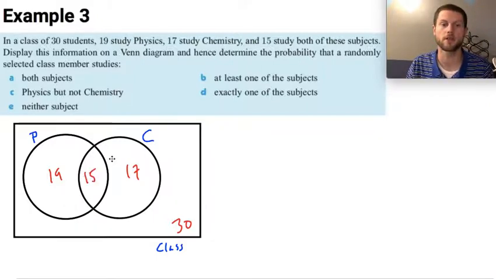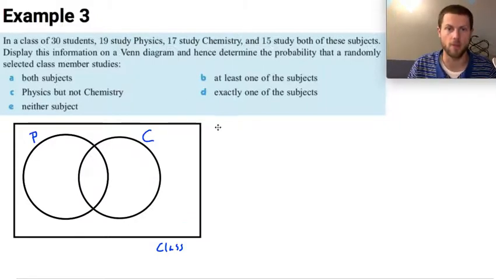The problem with this is that the 19 physics students does actually include the 15 that study both. So I've double counted a lot of these students. So this is not okay. I can't just throw the numbers into these spaces. I have to do a little bit of figuring out what goes where. So let's tackle that in a more methodical approach.